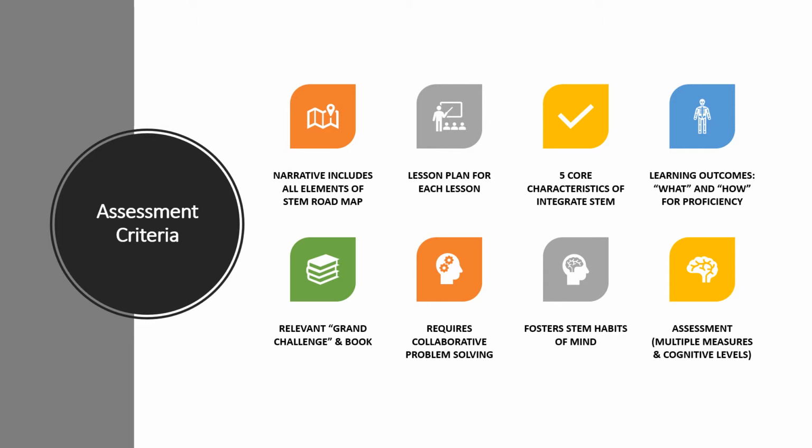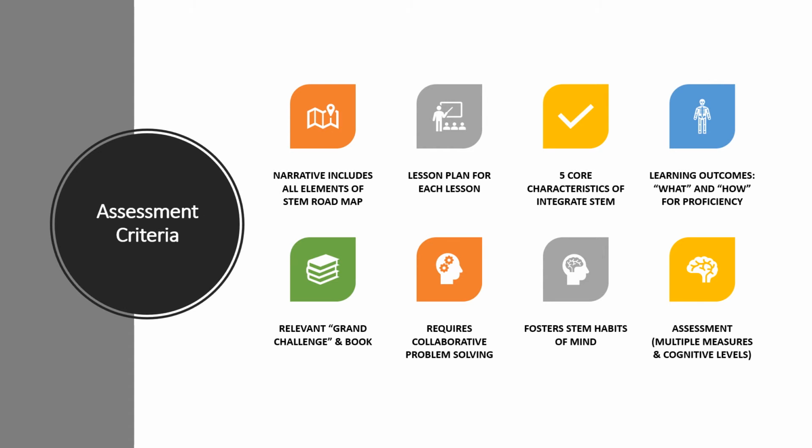I want to be able to see that you have incorporated what you have learned into your planning. You should have a lesson plan for each lesson in your unit, which we just talked about. And your lessons and unit plans should represent the 5 core characteristics of integrated STEM education that can be found on page 25 of your Johnson text.